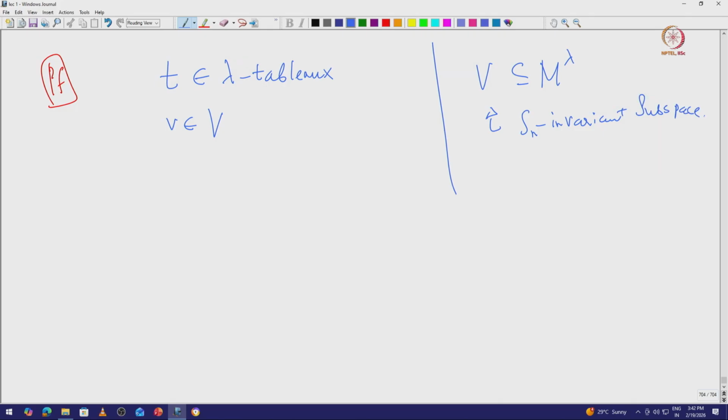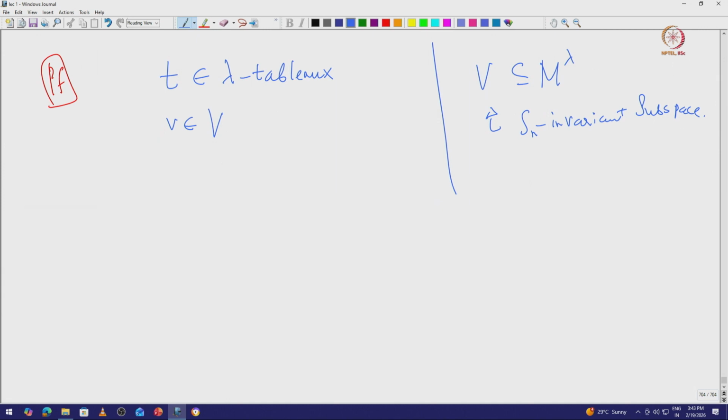Now if V contains S lambda, then there is actually nothing to prove. So, we just assume that S lambda is not contained in V.